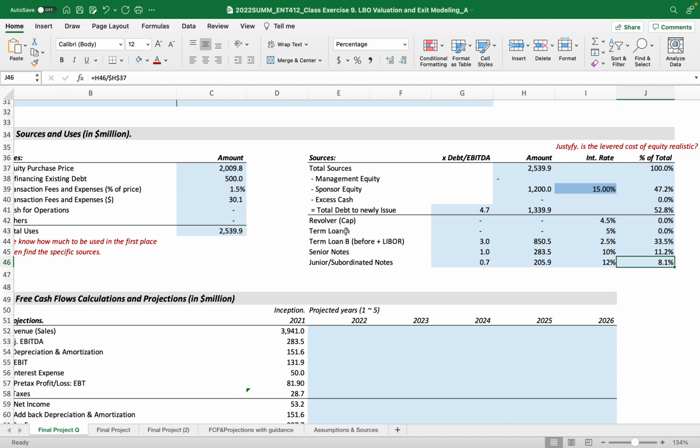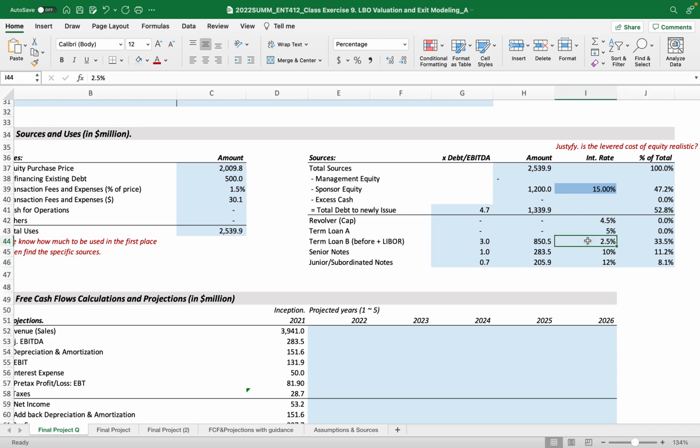Term loan A has a strict repayment plan requirement. That's why it's not much preferred. But term loan B depends on how much free cash flow this company generates. This free cash flow will be the source of the repayment, but otherwise just 1% of the total borrowing amount, $850 million.